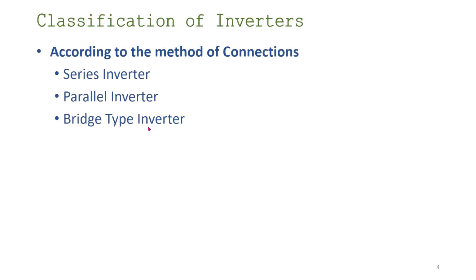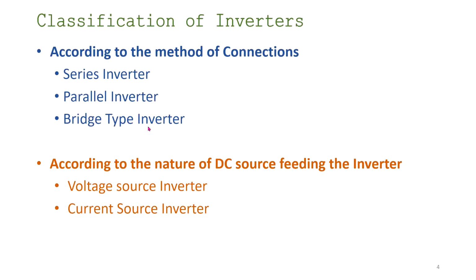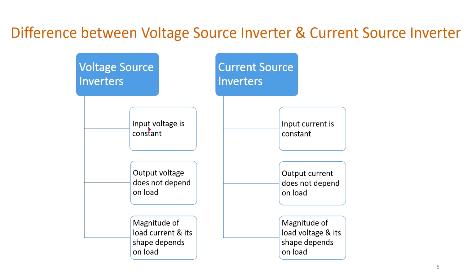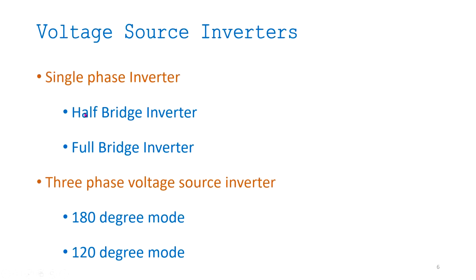Based on the classification, method of connections, and nature of the DC source, there are two types: voltage source and current source, and serial, parallel, and bridge type. We have already gone through this. Actually, our focus is basically on the voltage source inverters.